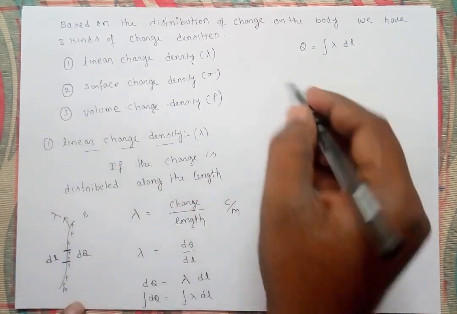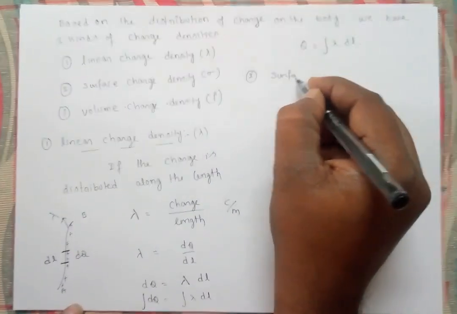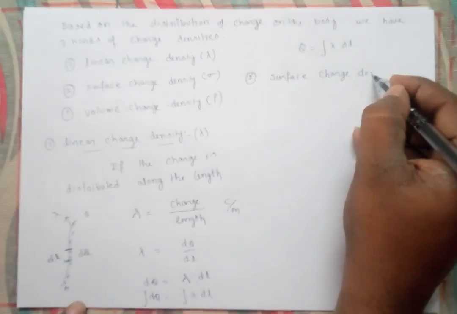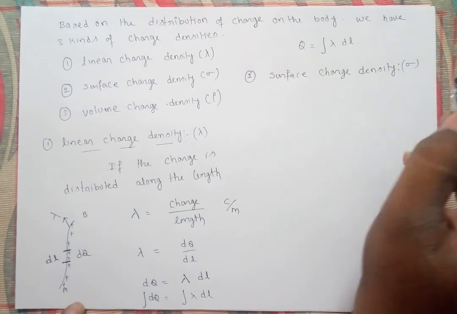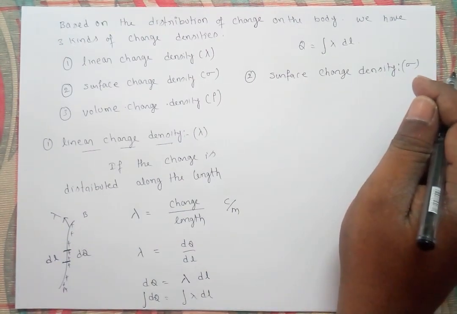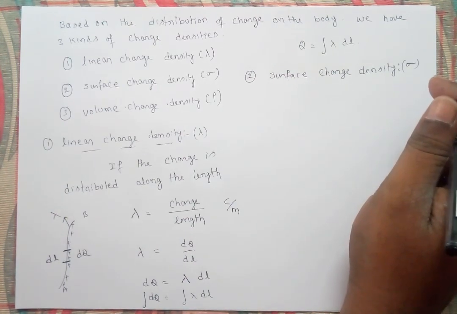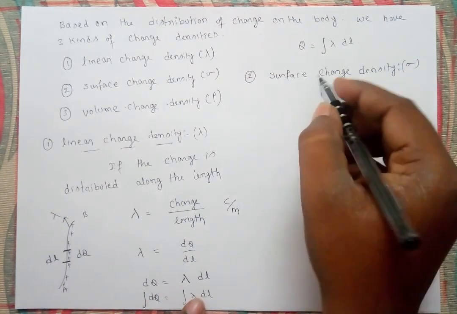Next we can go for the surface charge density, sigma. If the charge is uniformly distributed over the surface of the body, then we take surface charge density sigma.